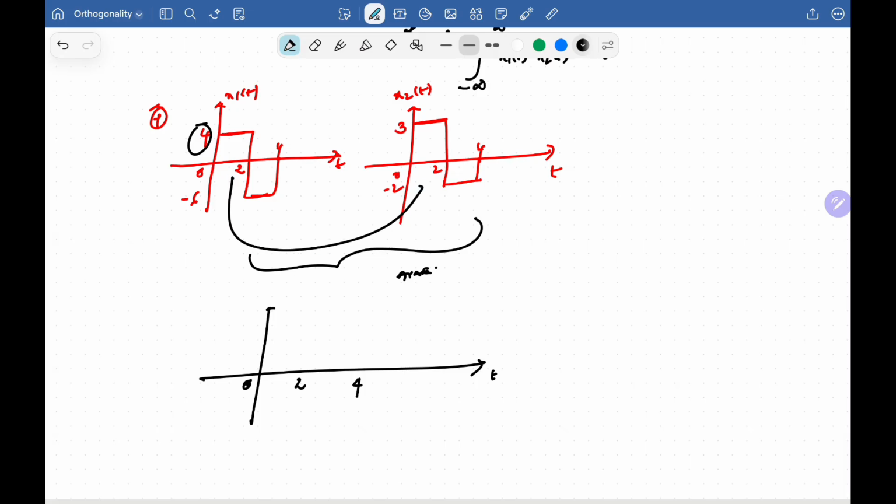So 4 into 3 is 12, so from 0 to 2 it is 12. From 2 to 4, here it is minus 6 and here it is minus 2. Minus 2 times minus 6 is 12. Again it's 12.